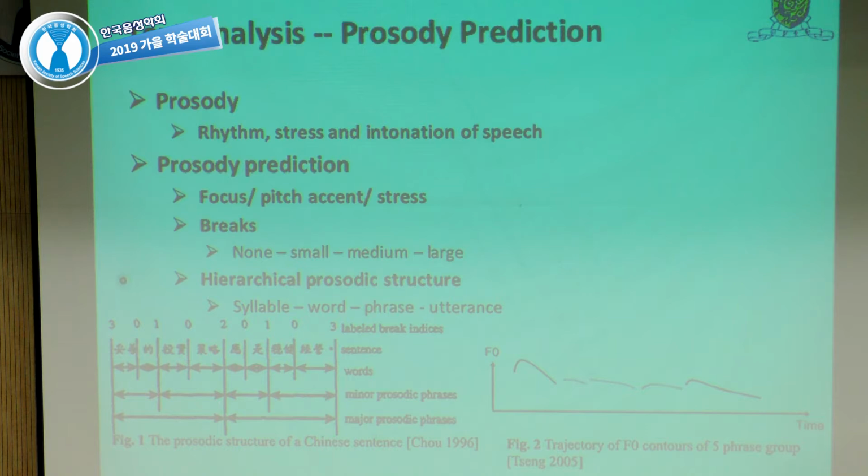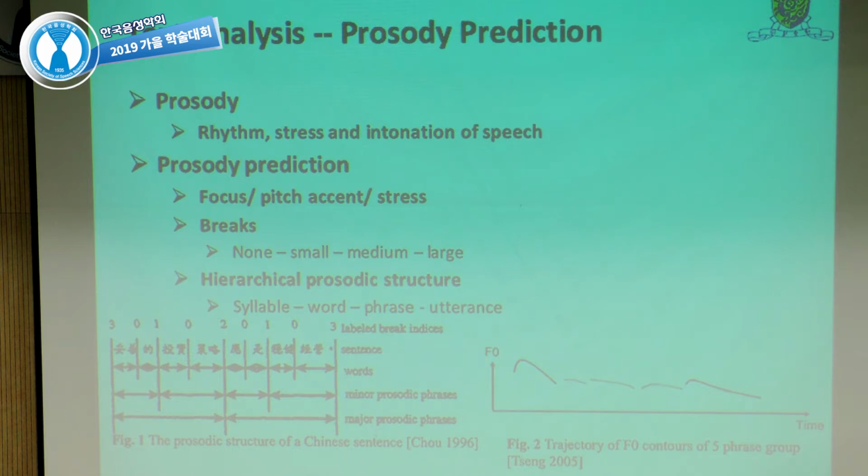And also one of the famous structures for prosody prediction is to predict the hierarchical prosodic structure. The structure is a hierarchical structure that contains the layers of syllable, words, phrase, and utterances.